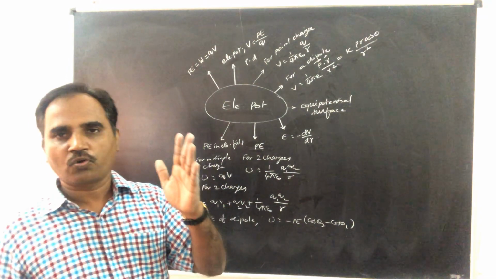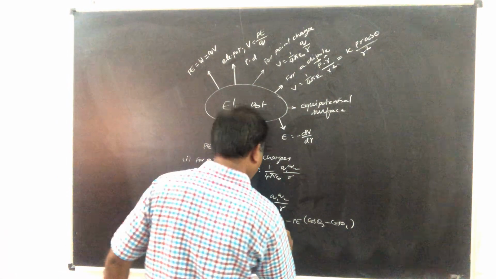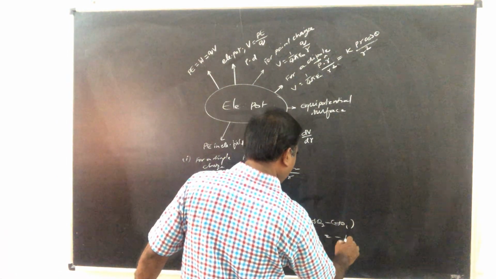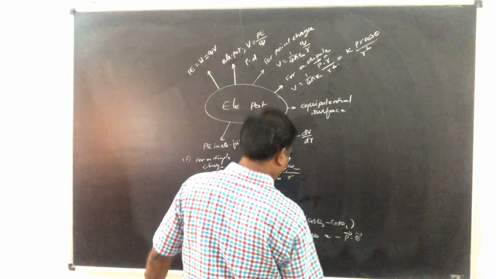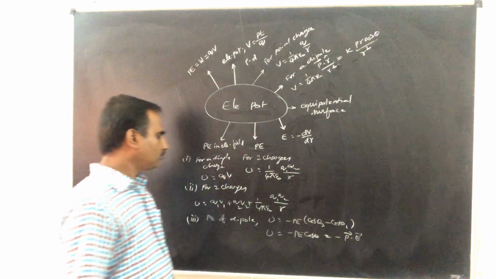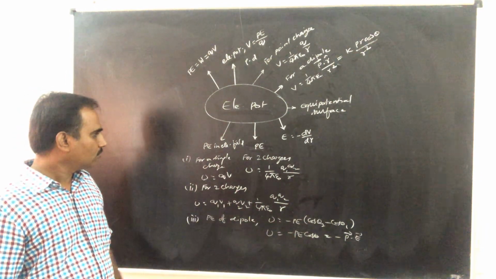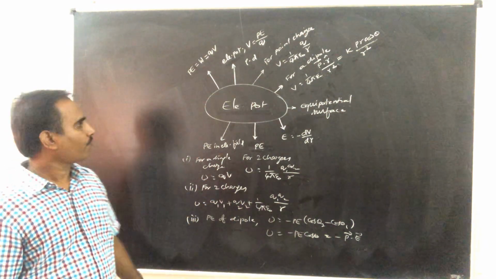When the dipole is rotated by an angle theta from normal to the electric field, then the expression is minus P cos theta, which can be written as minus P dot E. So this is all about the potential energy and electric potential.